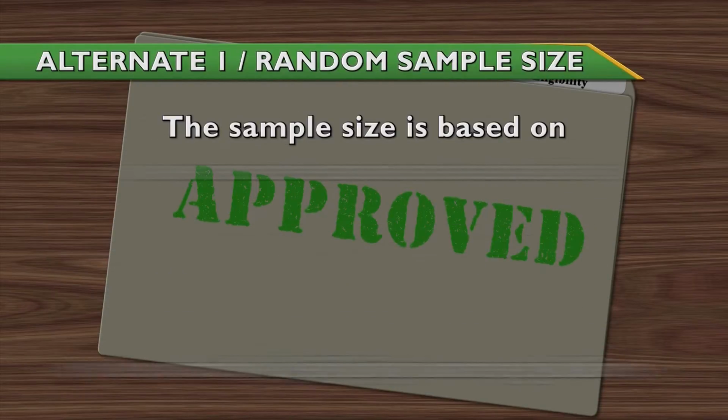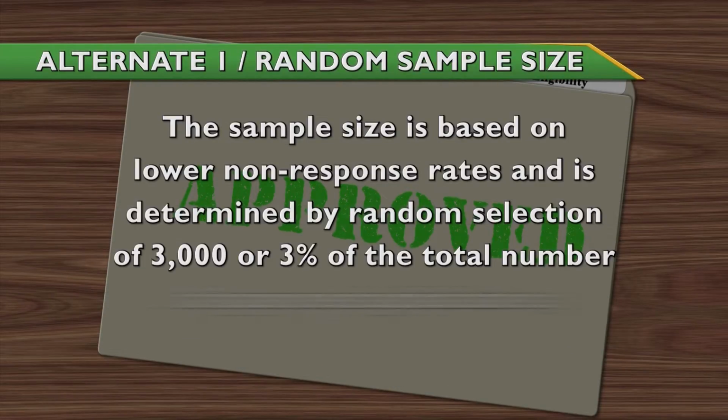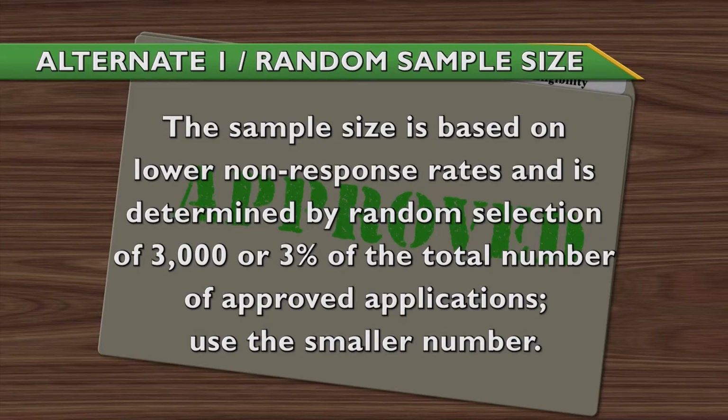An LEA may qualify to use an alternate sample size based on lower non-response rates. In the alternate one or random approach, the sample size is determined by random selection of 3,000 or 3% of the total number of approved applications on file on October 1st.